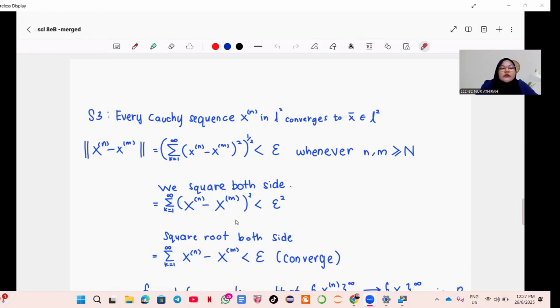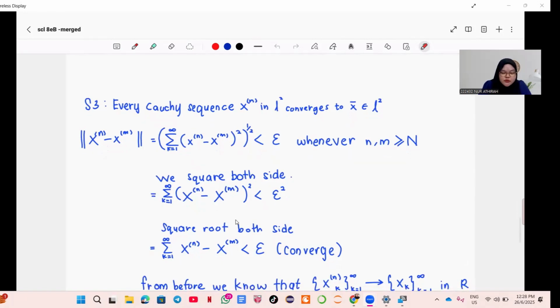So first of all, we need to do the norm of Xn minus Xm, equal to the summation from k equals 1 to infinity of (Xn minus Xm) to the power 2, to the power 1/2, less than epsilon whenever n, m are greater than N. Sorry. So next, we need to square both sides.